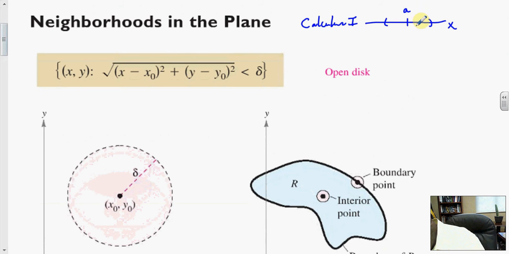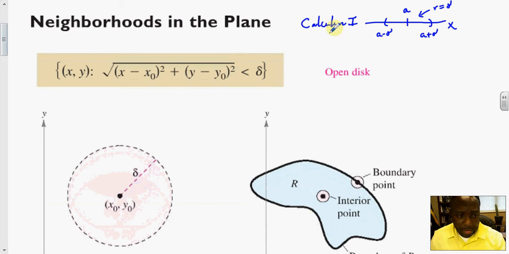The radius here is delta. And so this part here is a plus delta, and then over here we have a minus delta.